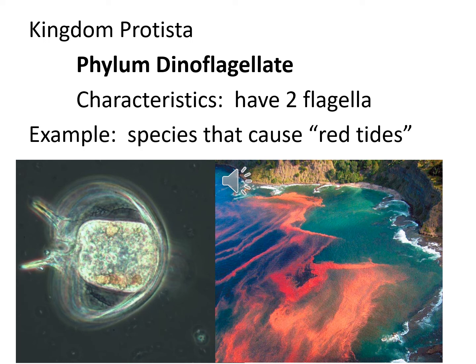If you've just got one dinoflagellate like the picture on the left, it really doesn't have that much of a red color. But when you put trillions and trillions and trillions of these species that cause red tides together in an ocean or the Gulf of Mexico, you can actually see the red color. Many of these dinoflagellates will put off some toxins and poisons.